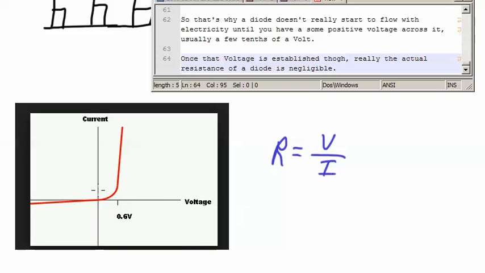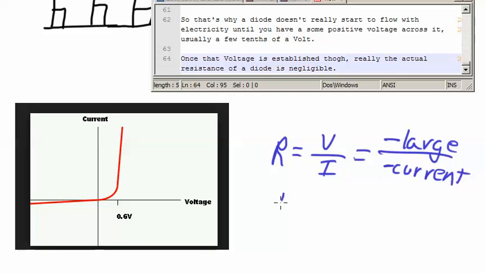We have a large negative voltage divided by a very small negative current, which means a high resistance.